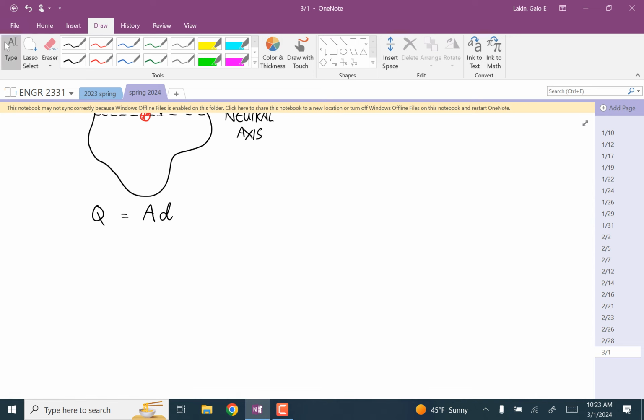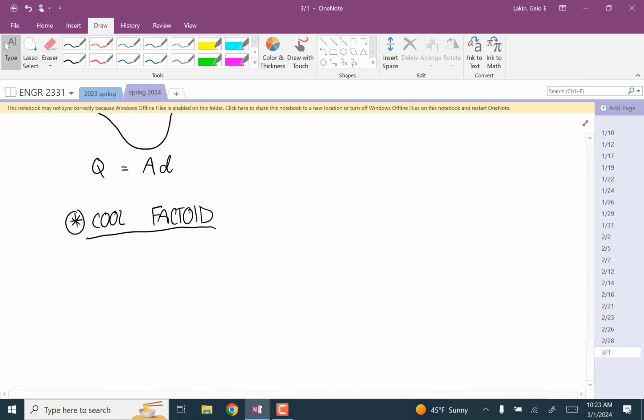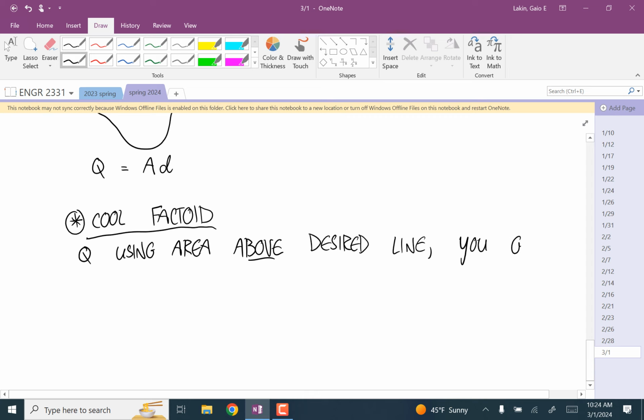Okay, here's an interesting, cool factoid. If you calculate Q using the area above your desired line, you get the same thing as you would using the area below your desired line.